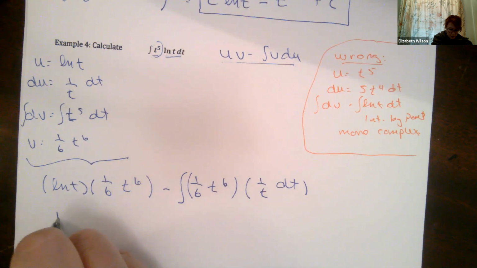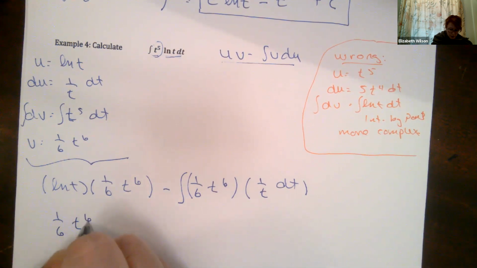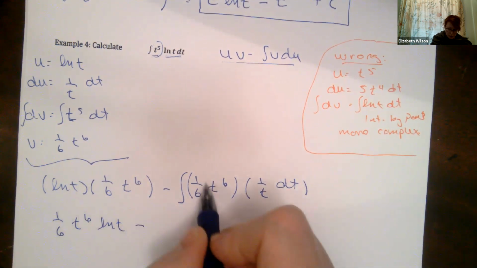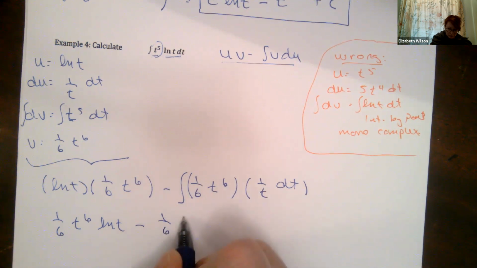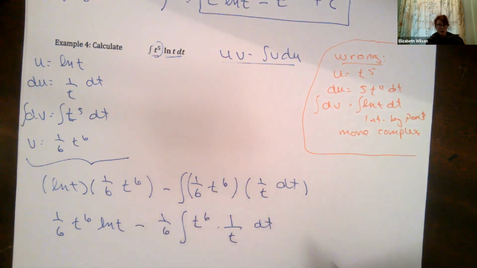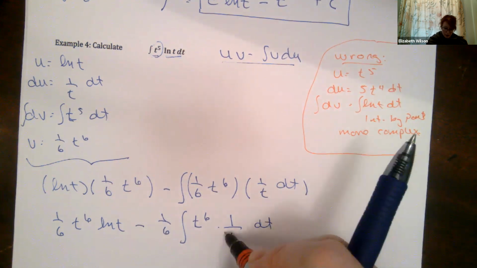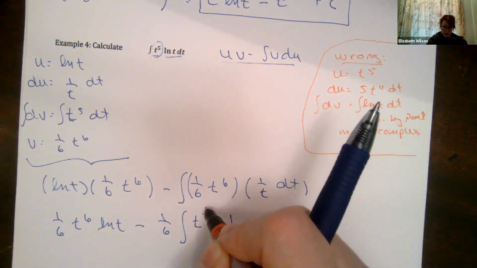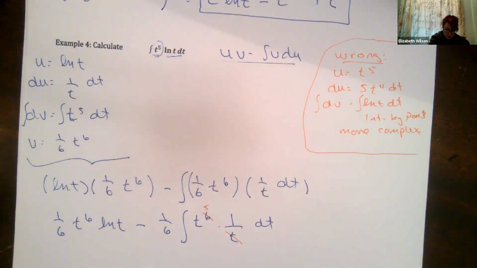It's going to be 1/6 t to the 6 ln of t minus, I'm going to bring the 1/6 out, t to the 6 times 1/t dt. Now watch what's going to happen. This t is going to cancel with one of those, so I'm going to get t to the 5th. So this becomes minus 1/6 integral of t to the 5th dt.